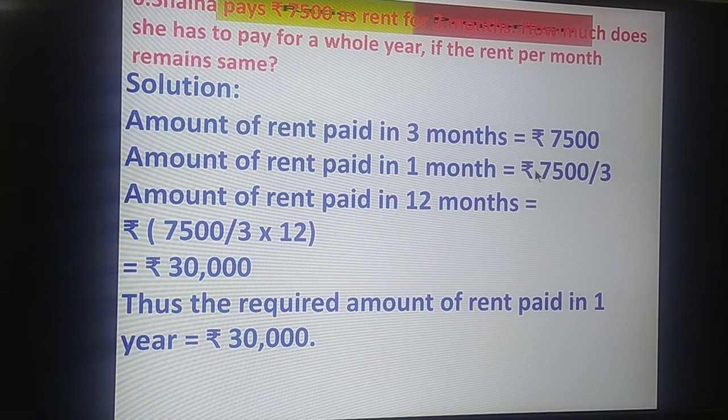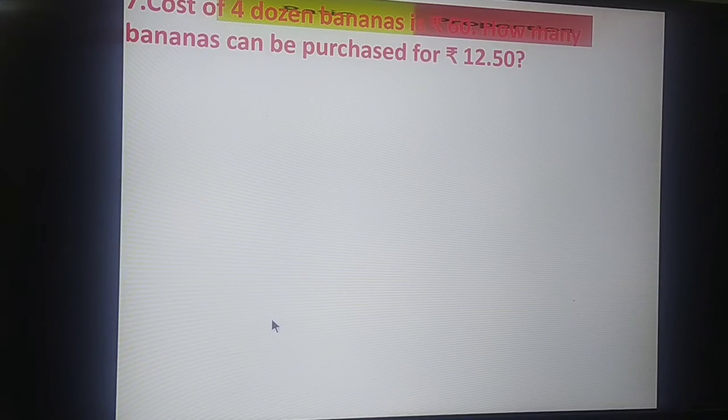So rent for one month is 7,500 divided by 3, which equals 2,500. And for 12 months, 7,500 divided by 3, that is rent per month, into 12, gives rupees 30,000. So she paid rupees 30,000 yearly rent.